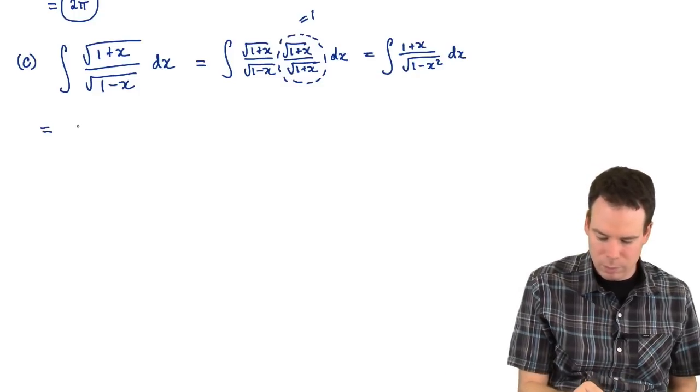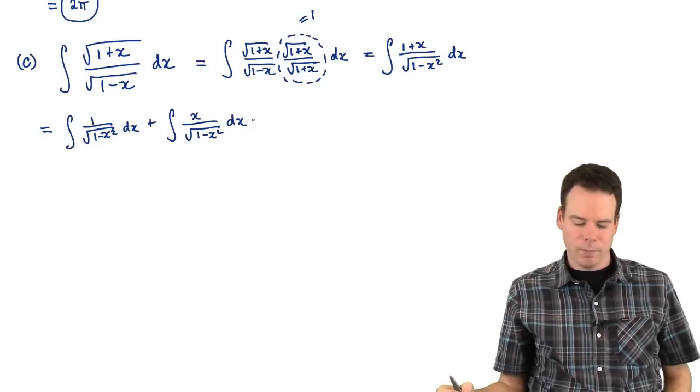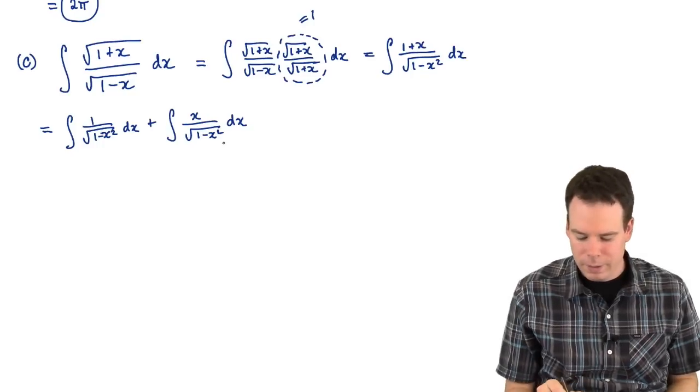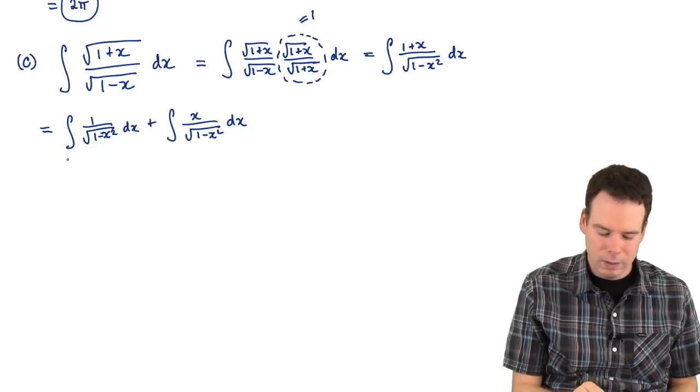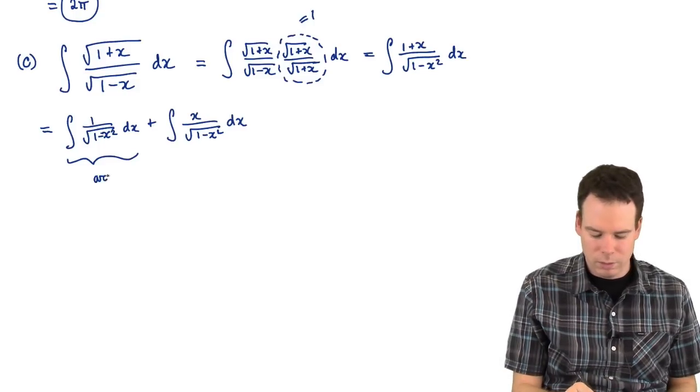And that can split up into 1 over root 1 minus x squared dx, and a plus x over square root of 1 minus x squared dx. And that looks like I've made some progress, because here what we're going to get is an arc sine.